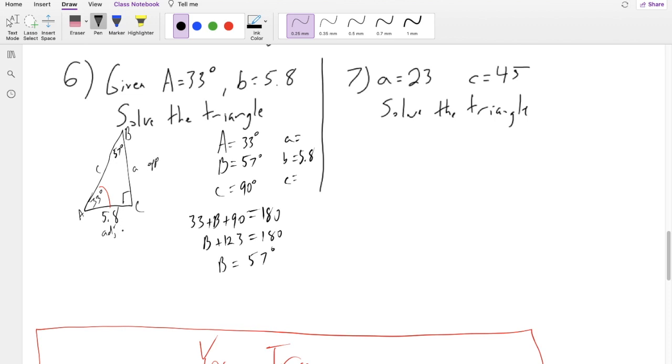Opposite and adjacent, that's a tangent. So the tangent of 33 degrees equals the opposite, A, over the adjacent, 5.8.